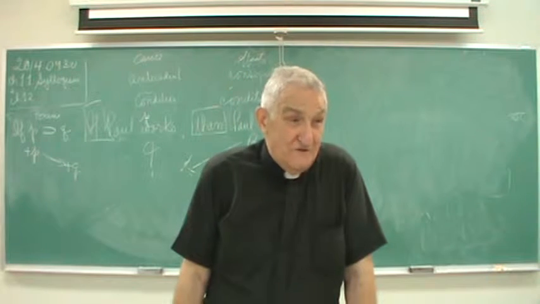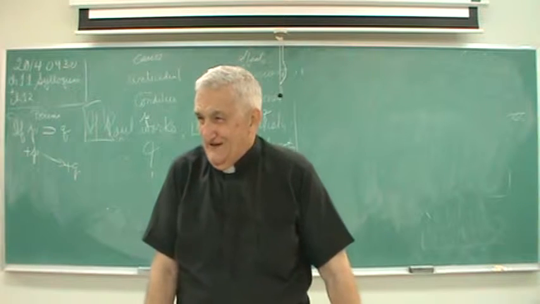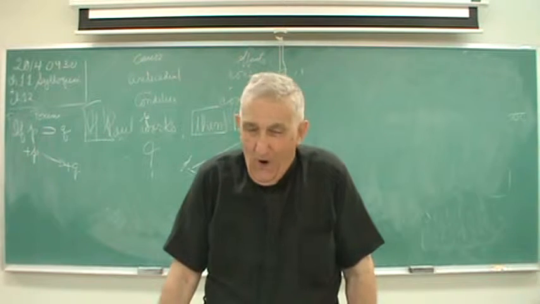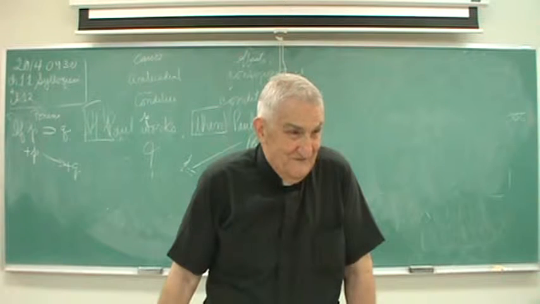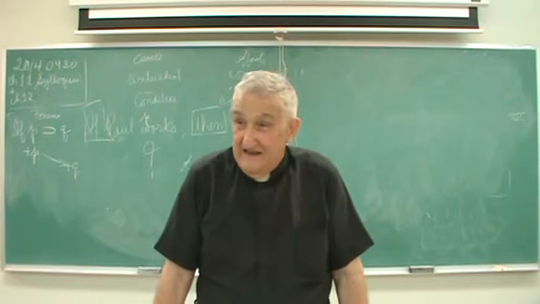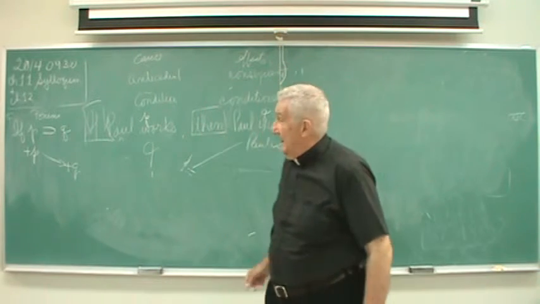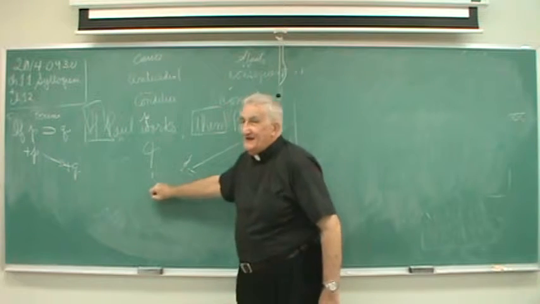Can we conclude directly from the creation that there is a creator? No. Ah, that scandalizes you, huh? Why? Because we cannot start from the effect to know directly the cause.